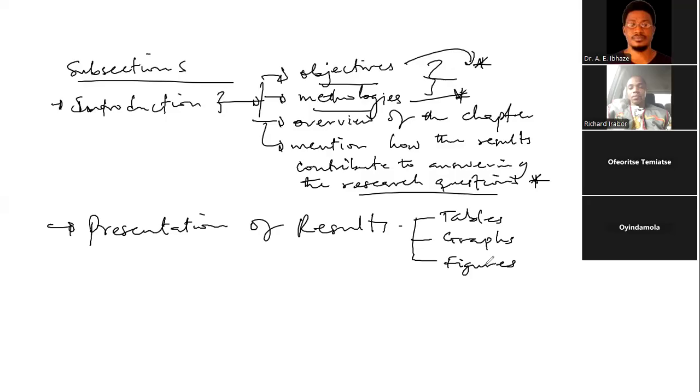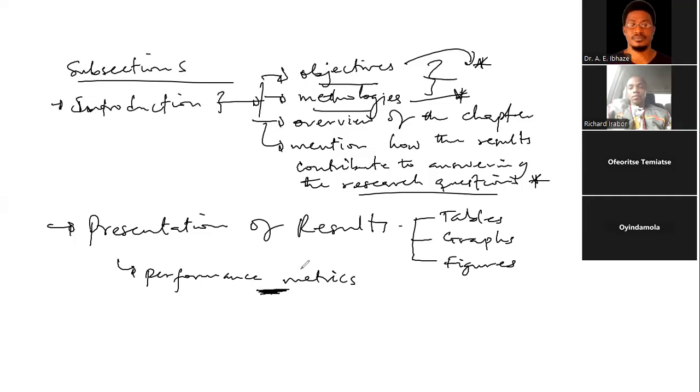So the results should therefore be categorized based on specific metrics. So it means that while you were conducting your research, you had performance metrics. And this will be specific or particular to your research domain.